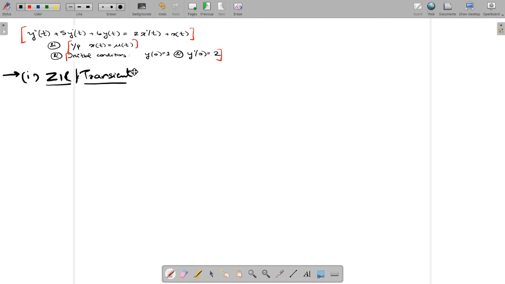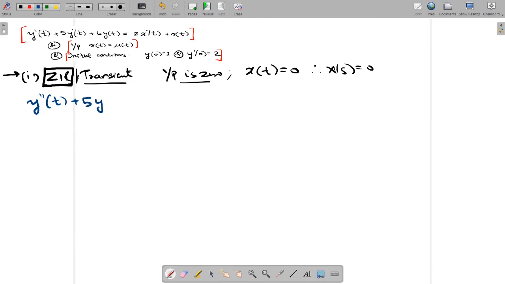Here input should be 0, that is x of t is equal to 0, therefore x of s is also 0, and all initial conditions you will accept. So I am finding the zero input response: y double dash of t plus 5 y single dash of t plus 6 y of t is equal to 2 x dash of t plus x of t.